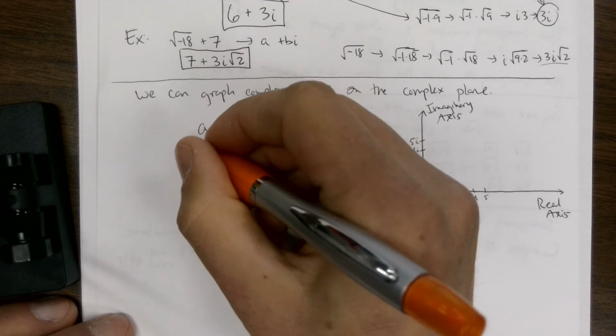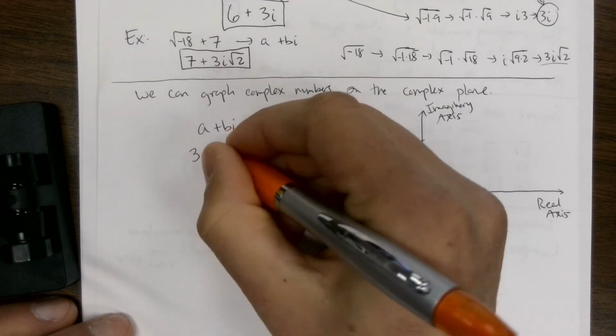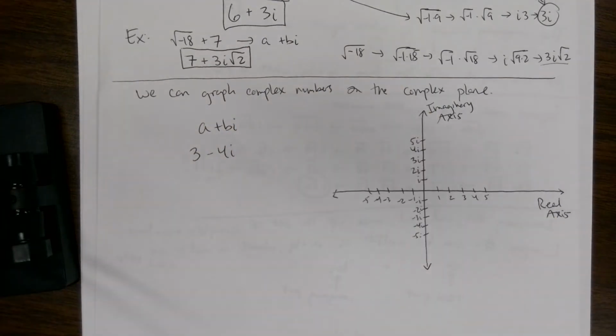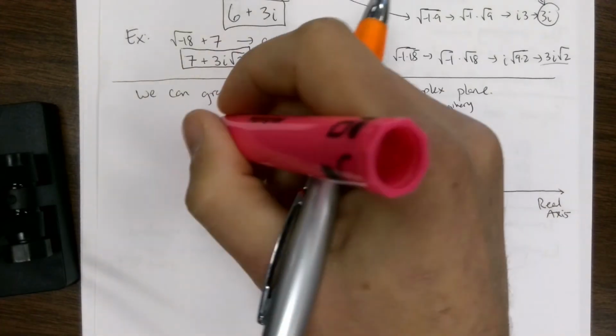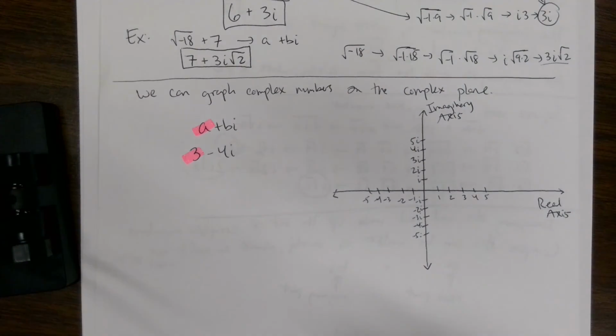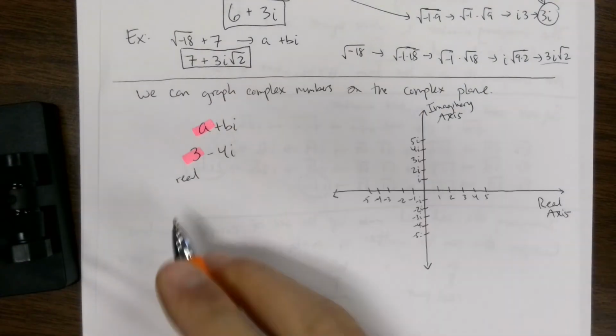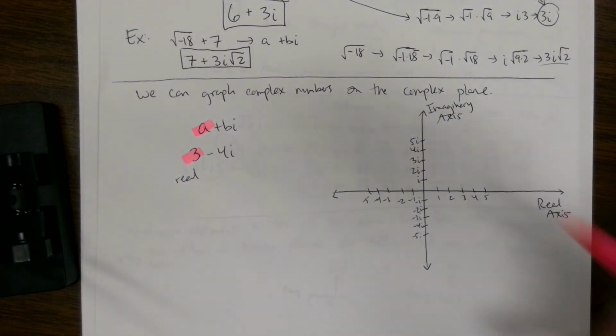So let's look at our first number that we want to graph, 3 minus 4i. We have a real part and a negative imaginary part. My real part will be the 3, so this goes on the real axis. I'm going to go to the right 3 on the real axis.